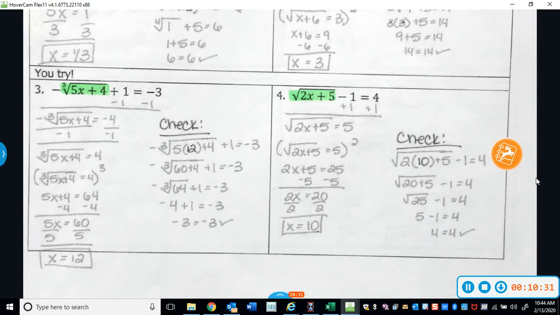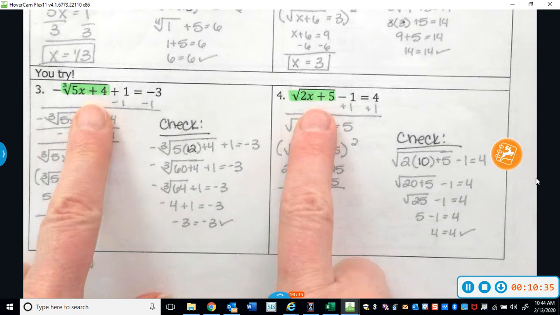And the key with these is just making sure that you're getting the radical by itself first, that you're isolating the radical.